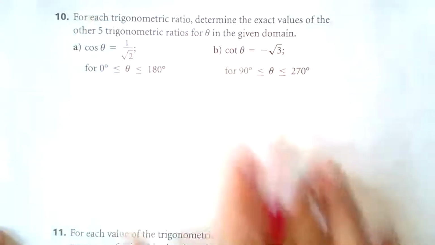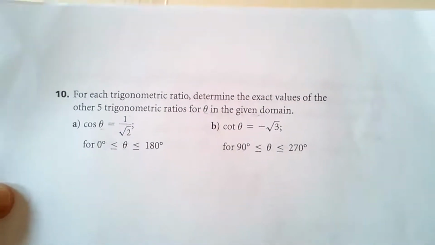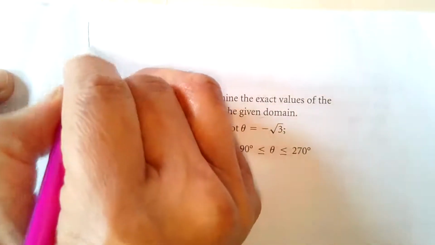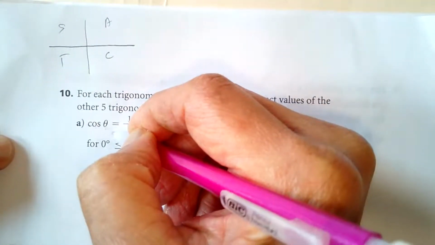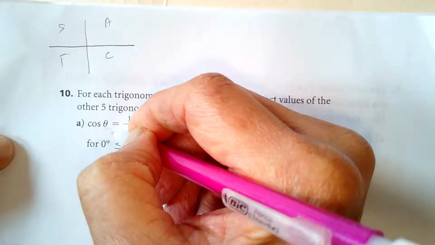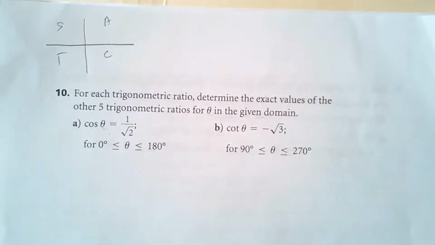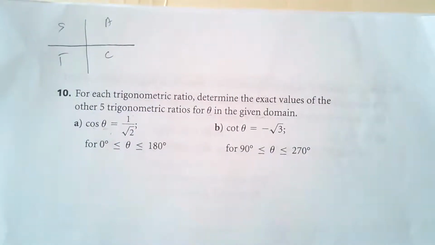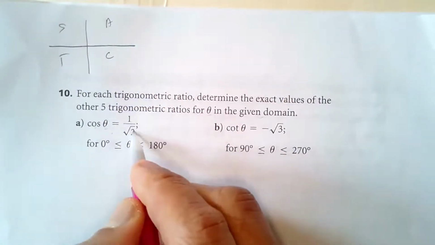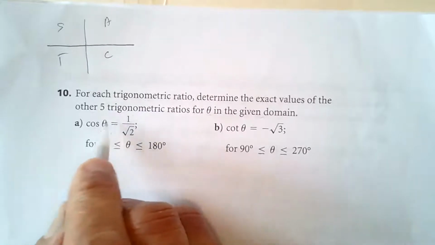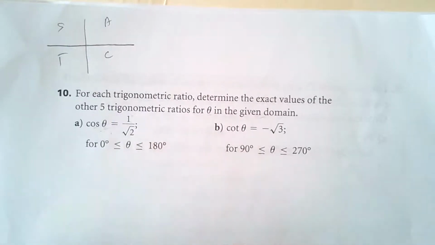So if I were to do a sketch of this up here now, we remember the CAST rule, cos theta, right? Cos theta would be what? Here we have 1/√2. Now we have to find the inverse. So cos theta is 1/√2.